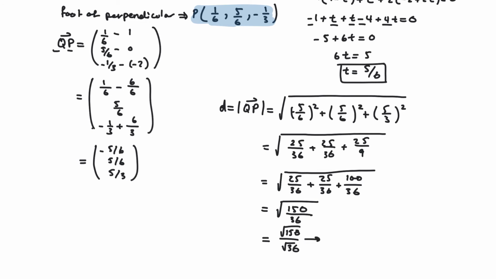Root 150 is the same as root 25 times 6, and root 36 in the denominator is just 6, and this becomes 5 root 6 over 6 as our final answer for the shortest distance between point Q and this plane.